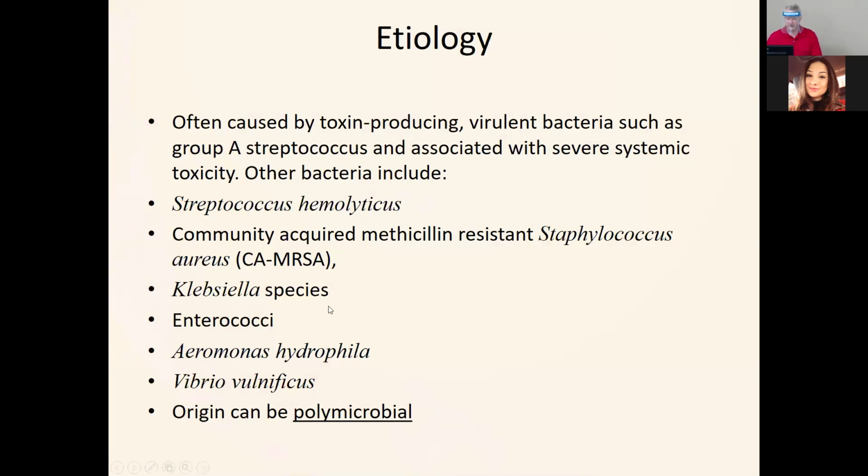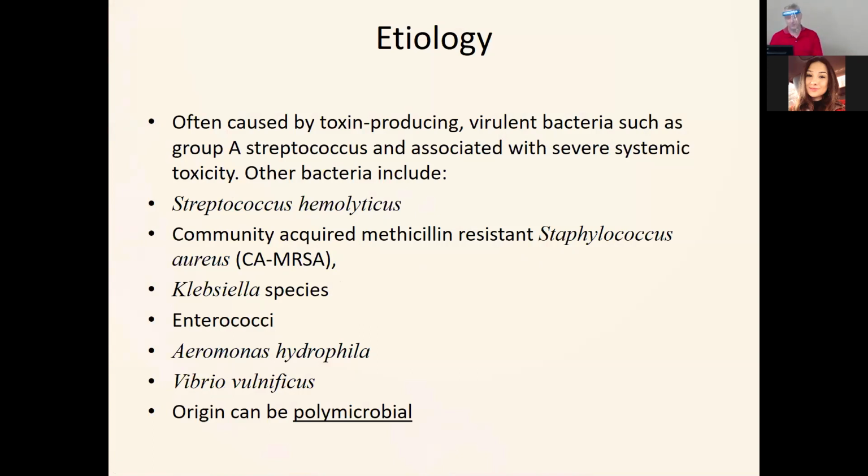The etiology could be a reason. There could be other causes. It could be Strep hemolyticus. It could be MRSA, right? Community-acquired MRSA, Klebsiella, Enterococcus, Aeromonas hydrophila. Vibrio, we see this sometimes down in the Gulf. When somebody says, oh, I went into the Gulf and I came back with a flesh-eating bacteria, right?